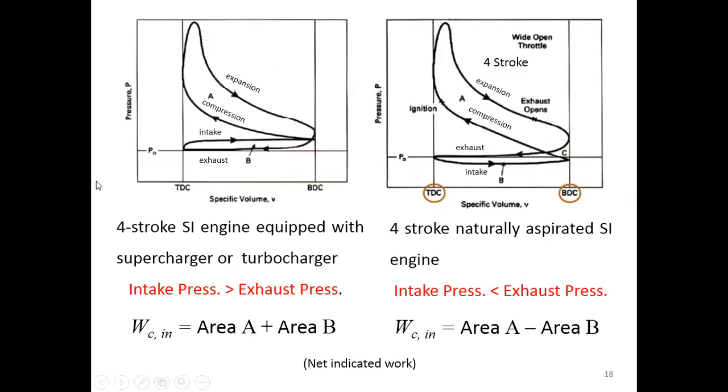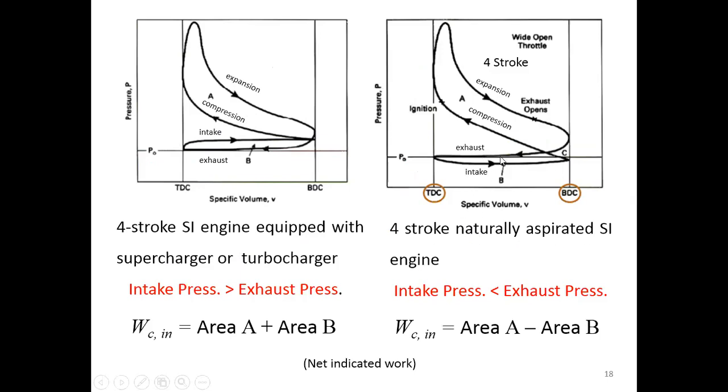So I show this to you again for the 4-stroke SI engine that is equipped with a supercharger or turbocharger. The difference is in the lower portion here, right? This one is for the naturally aspirated engine.